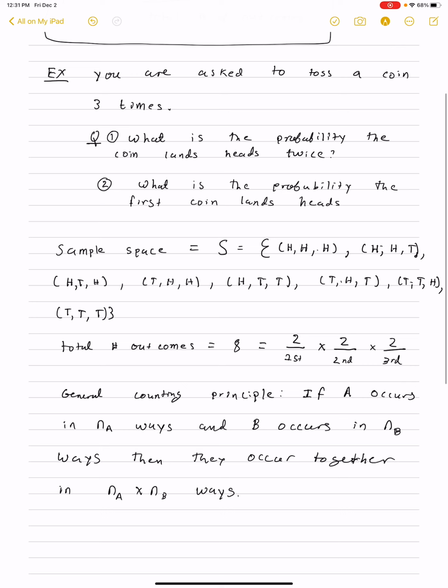And if you have more than 2 events, you just repeat this process and keep multiplying the events together. So that's the general counting principle. That's one way in which we formed our total number of outcomes.